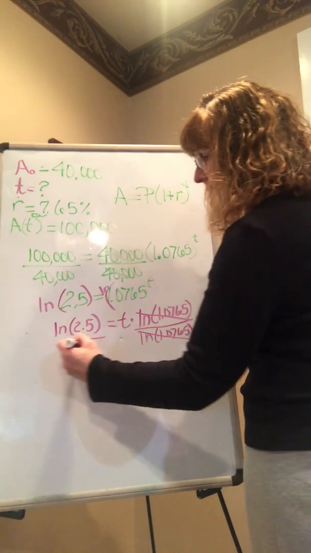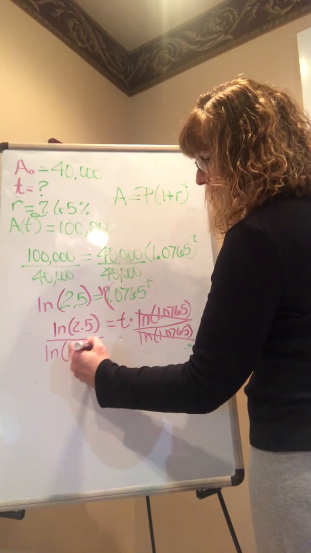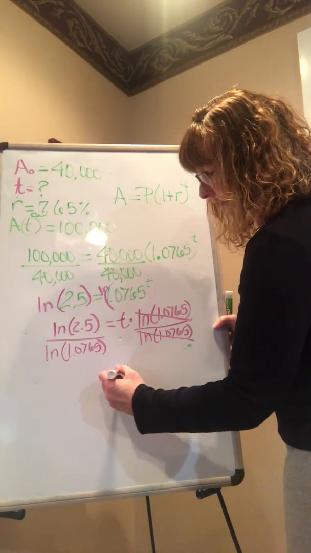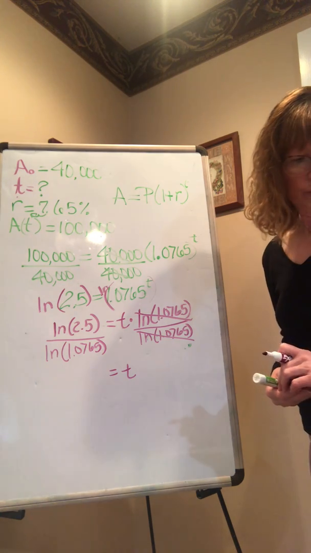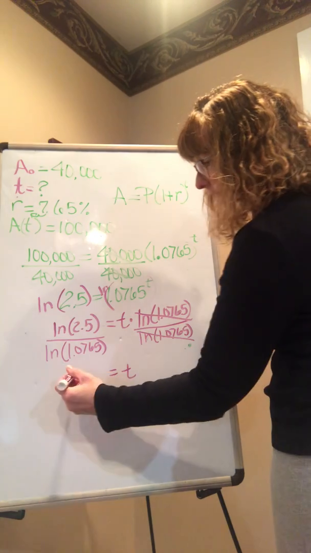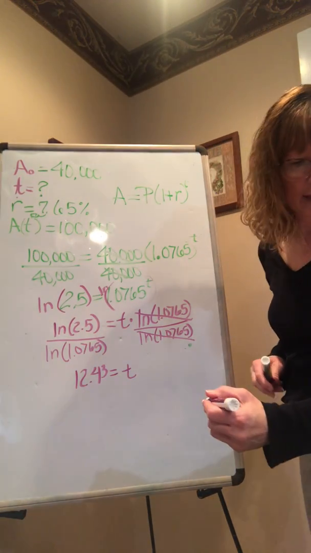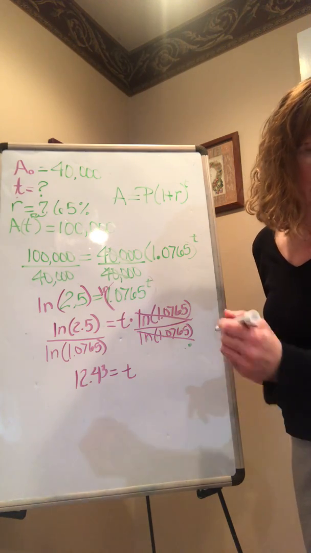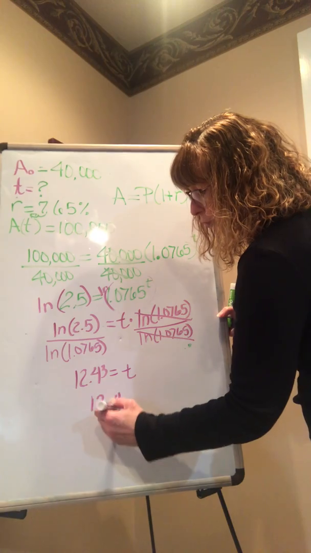That's going to cancel. And my time on my calculator is 12.43. So, you know, I'm rounding. 12.43. The problem said to the nearest tenth of a year, so that's actually 12.4 years.